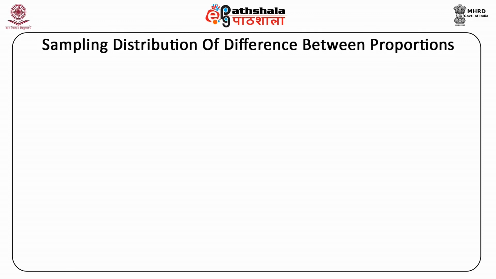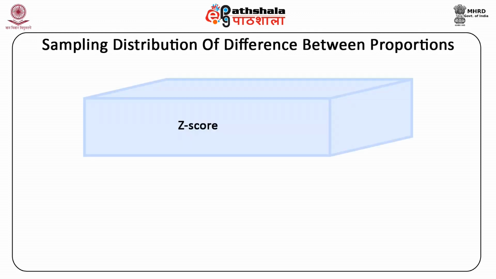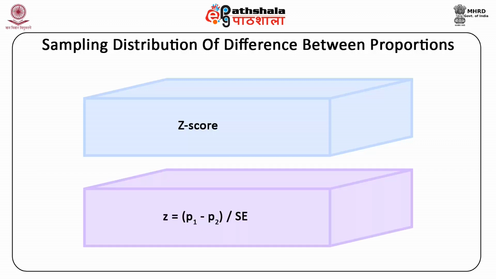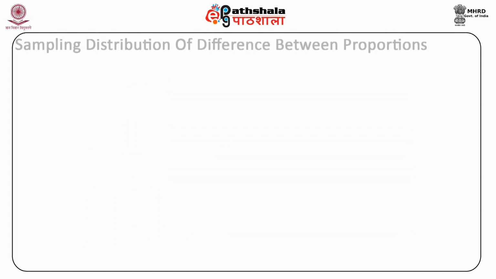The test statistic is a z-score defined by the following equation. Z is equal to (P1 minus P2) upon standard error, where P1 is the proportion from sample 1, P2 is the proportion from sample 2, and SE is the standard error of the sampling distribution. The analysis described above is a two-proportion Z test.